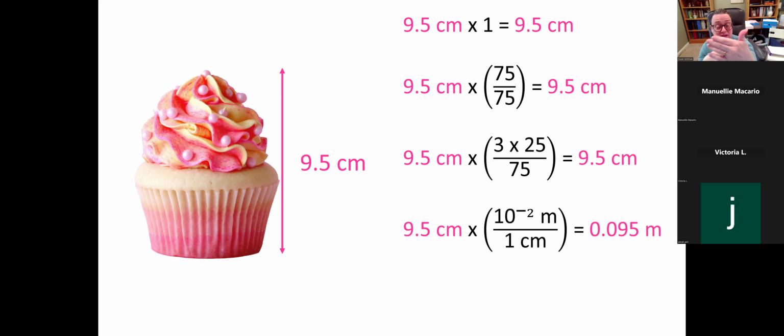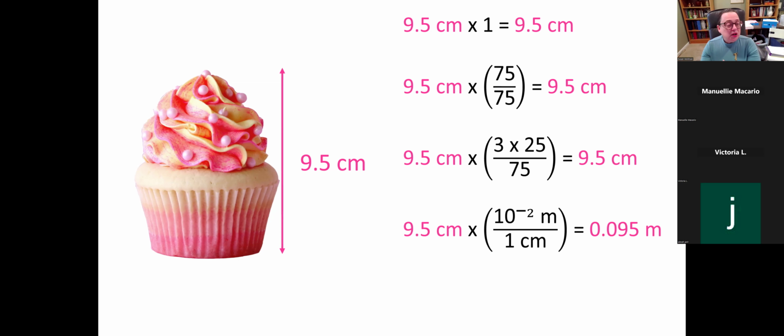We've got 1 centimeter unit in the top and another centimeter unit in the bottom, and they cancel just like algebra variables. And we have a unit of meters in the numerator that sticks around. Right? And when we're all said and done, to 2 significant figures, we have 0.095 meters, okay? Or 9.5 times 10 to the minus 2 meters.